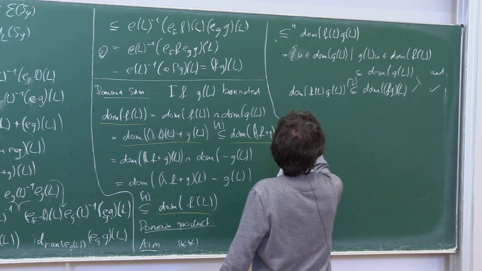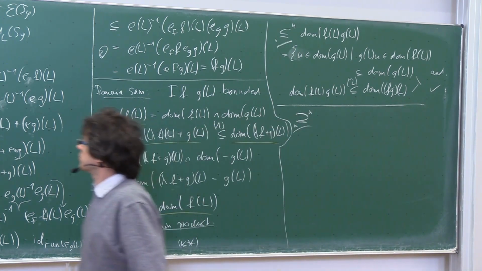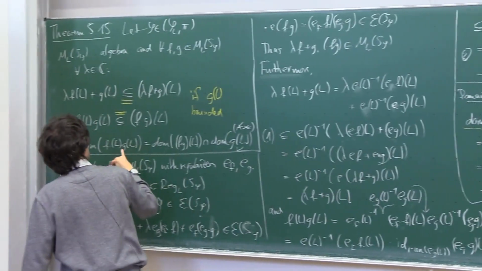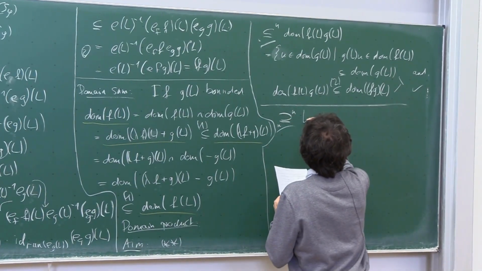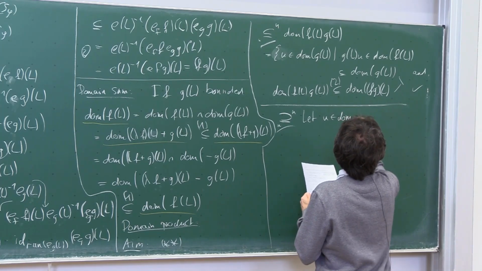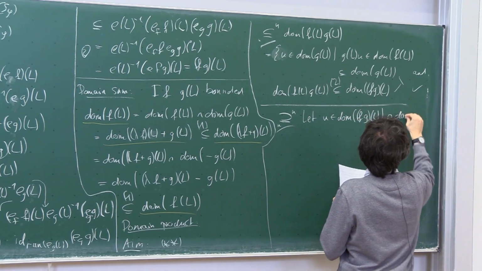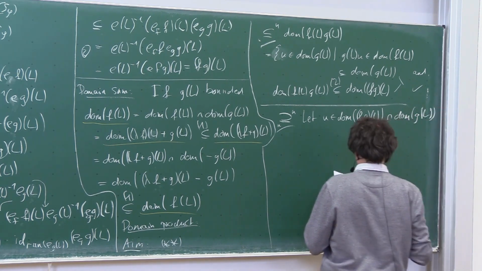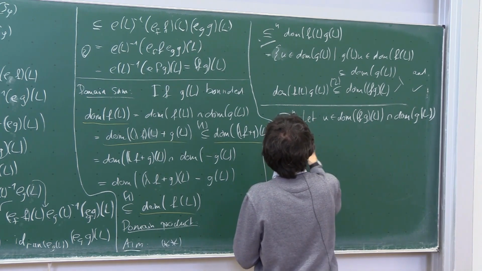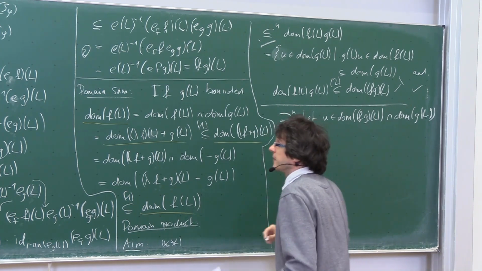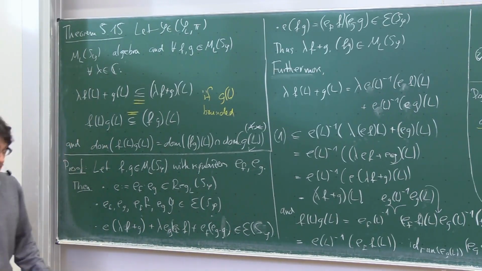Okay, let's go the other way around. So let's check that every element in this intersection is in the domain of f of L, g of L. So let's take an element in this intersection, in the domain of f, g of L intersected with the domain of g of L. And what we have to show is that this element u is in the domain of the product here.